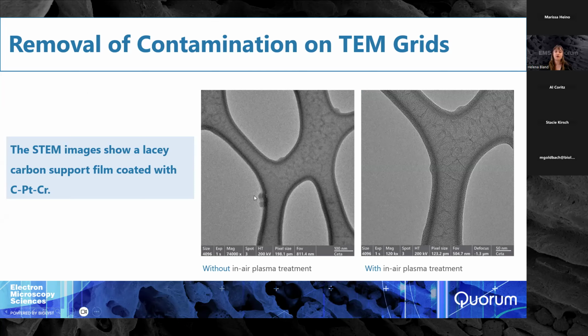You can see on the left image that we have these 2 dots present, and this is our hydrocarbon contamination. Then when we've done our plasma treatment, these 2 dots are no longer there, but the structure looks exactly the same. So we've not damaged the lacy carbon support film in any way. We've simply removed this contamination from the sample.